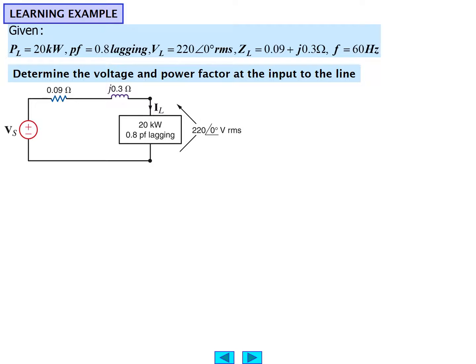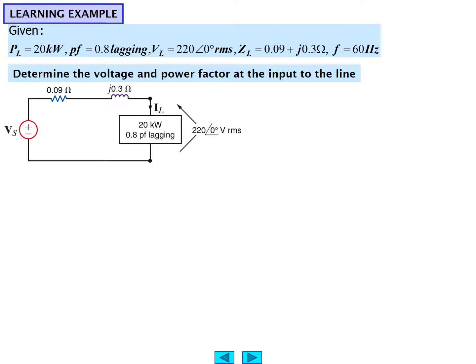So let's do a learning example to put these concepts into practice. Here we have a load, P sub L of 20 kilowatts, a power factor of 0.8 lagging. V sub L is 220 volts RMS with an angle of 0. And Z sub L is 0.9 plus J 0.3 ohms at a frequency of 60 hertz.